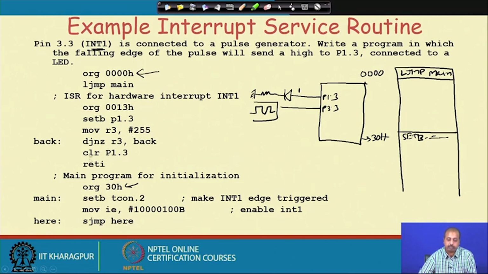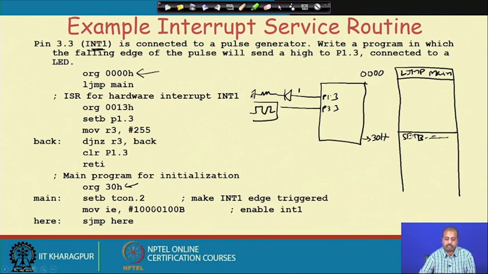So, whenever this interrupt occurs from this source, I will put a 1 here, so that the LED is turned on, wait for 255 cycles by this small software delay loop, which will put a delay, then I will turn off the LED and then it will return.